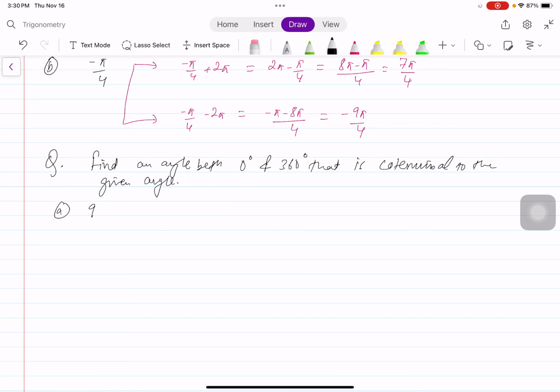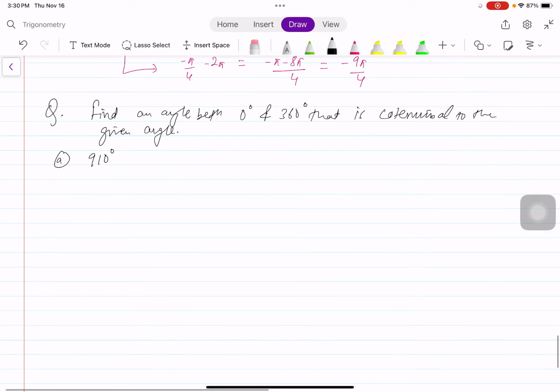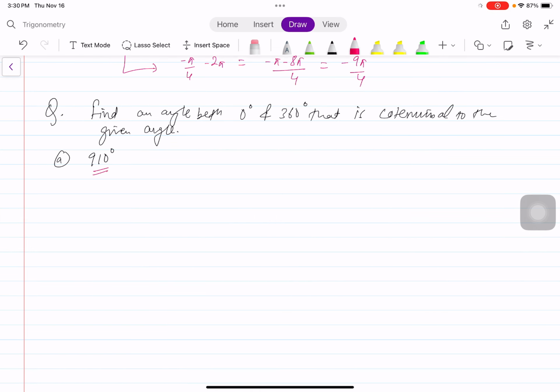Number A is 910 degrees. So how to find this? I want to find a coterminal angle to 910 degrees that lies between 0 and 360.